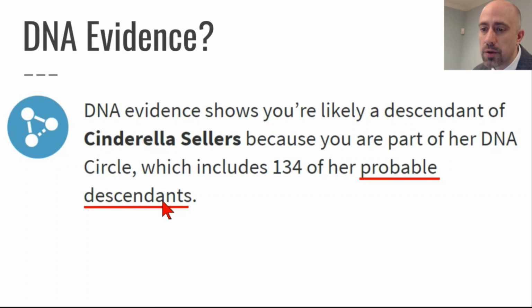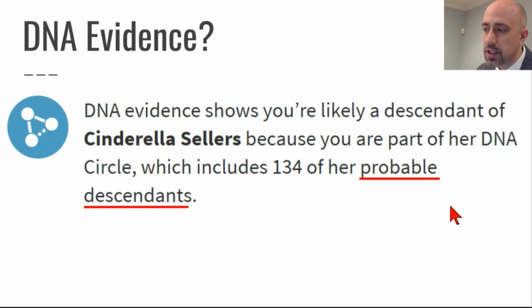In each circle they note that DNA evidence shows that you are a descendant of Ancestor X because you were part of her circle, which includes 134 of her probable descendants. And this is the same line that they use for all of the DNA circles, even if the DNA connections are weak or if the number of people in the circle is very small. So this may be reasonably true for the big DNA circles, but it's less true for those smaller DNA circles.